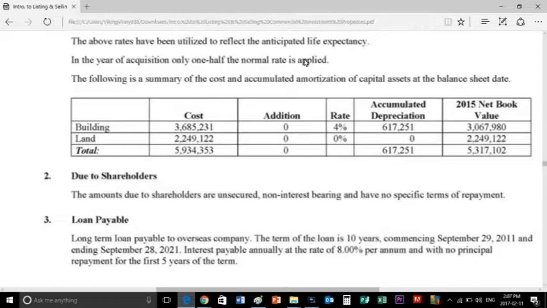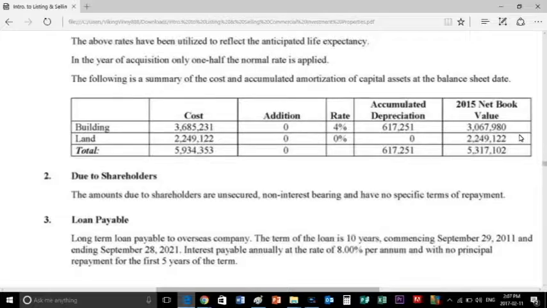So, we've got the building cost, $3,685,231. At 4%, the accumulated depreciation is $617,251. So the 2015 net book value is $3,067,980. The land cost $2,249,122. 0% rate. Accumulated depreciation 0.